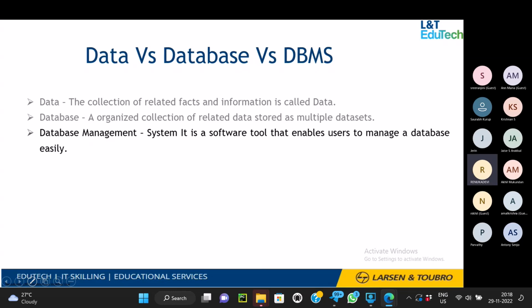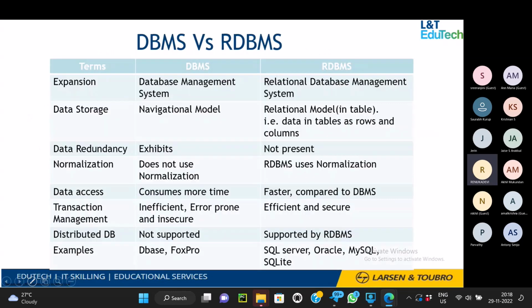Okay, now we'll be discussing how it differs from a relational database management system. First of all, DBMS, the full form, is Database Management System. RDBMS means Relational Database Management System. Here, these are the parameters or criteria on which we have measured the difference between DBMS and RDBMS.